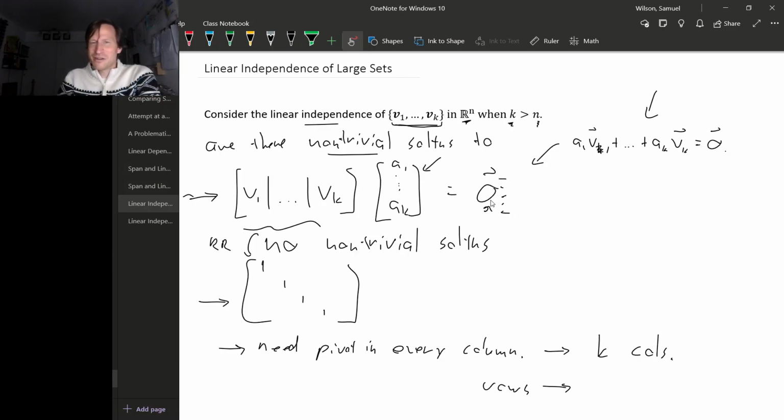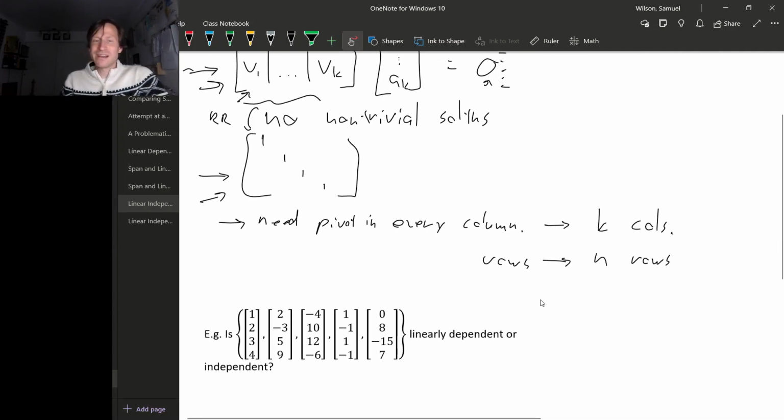All of these vectors live in Rn, so that's the number of entries they have. But for a column vector, the number of entries is the number of rows. So the number of rows is n. But we assumed that k is bigger than n.